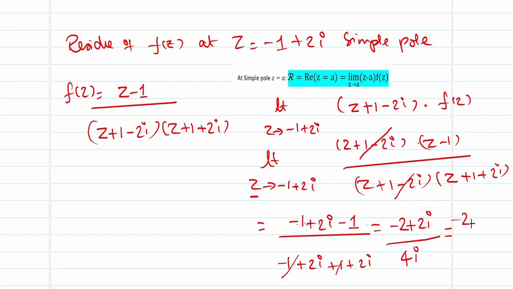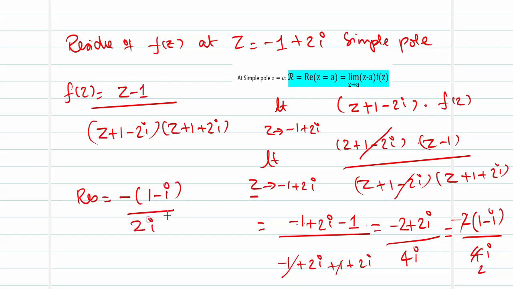When I take a minus 2 common outside, you will have 1 minus i divided by 4i. This goes off 2 times. So what is going to be the residue? It is going to be minus of 1 minus i divided by 2i.